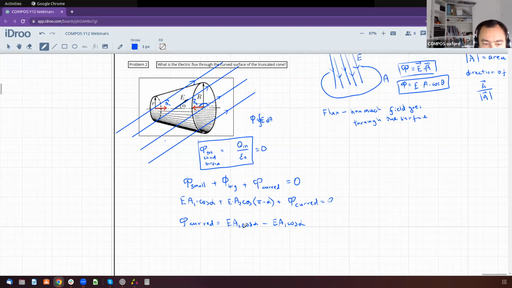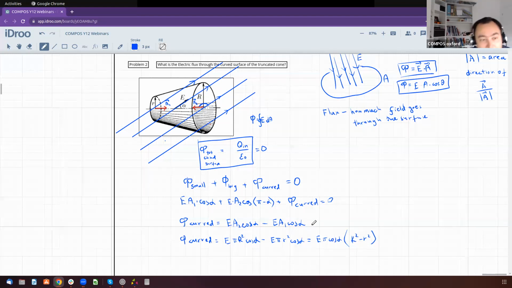And A2 we know is pi r squared, so phi curved is E pi R squared cos alpha minus E pi r small squared cos alpha. To make it pretty, E pi cos alpha, open bracket, R squared minus r squared. That's it. That's the flux through the curved surface.